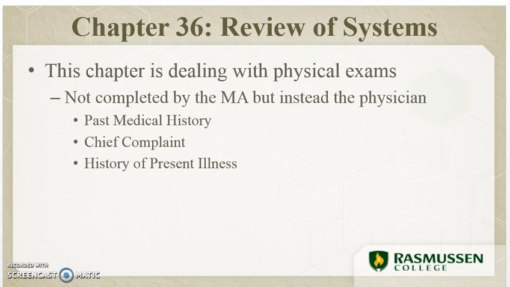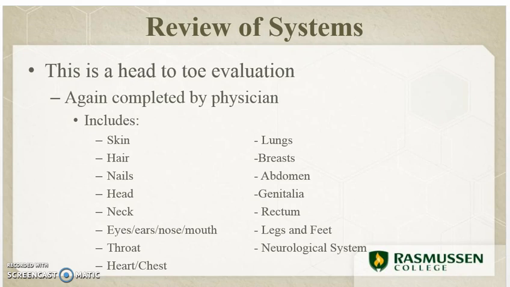Now, after all of those have been reviewed, the physician will do a review of systems. This is completed from head to toe, and it focuses on the evaluation of all the patient's body systems. It will review the systems starting with the skin, then hair, nails, head, neck, eyes, ears, nose, and throat typically all go together.